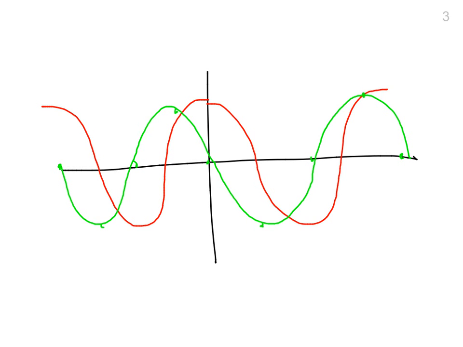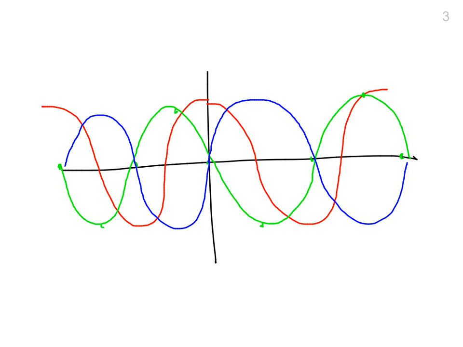And of course, what is that green function? Well, if you remember sine, which I'll draw in blue, the function sine looks like this. So what is the green? Well, the green is just the opposite of the blue, and the blue is sine.